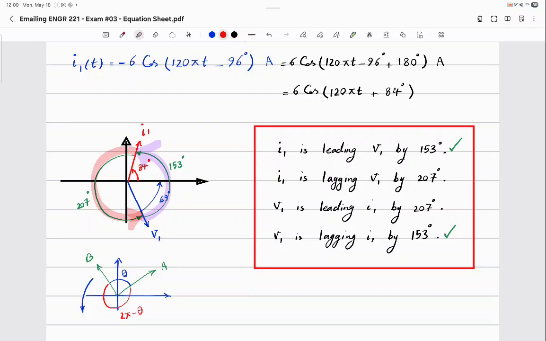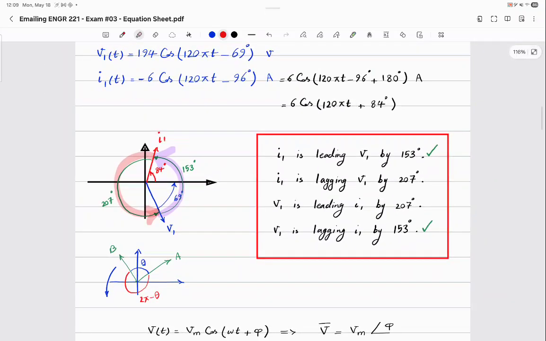Which ones do we prefer? There's no preference between lead and lag. A smaller angle is preferred. That's why I've shown that check mark beside 153 degrees.